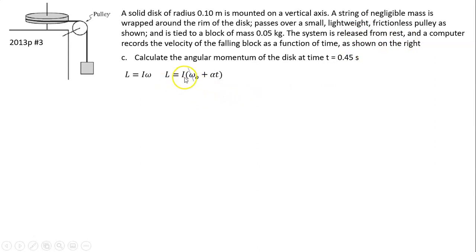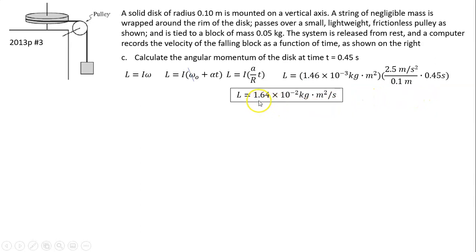L, angular momentum, is just I times alpha times t, and alpha equals a over R. We know a is 2.5, R is 0.1, t is 0.45, and we found I from part B. Substituting all the numbers, L equals 1.64 times 10 to the negative 2 kilograms times meter squared per second. Make sure you have units for every single answer.